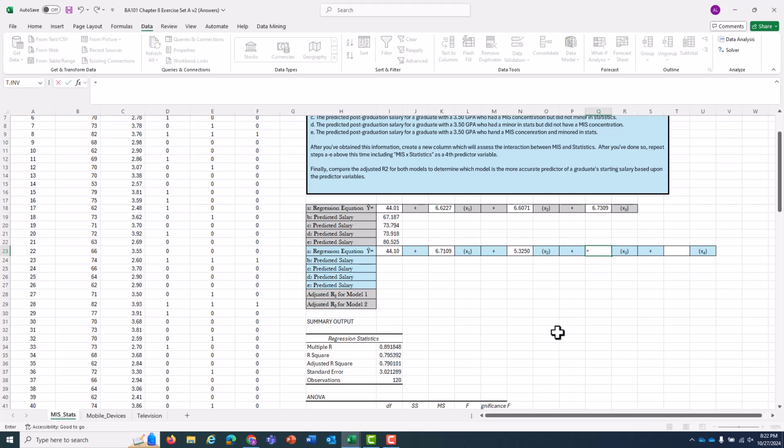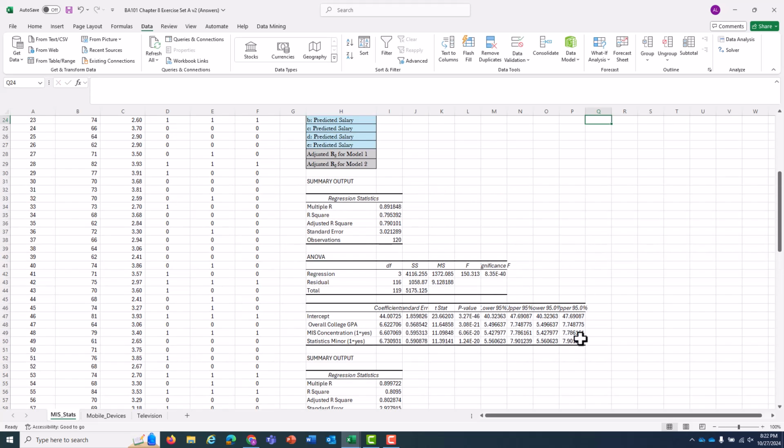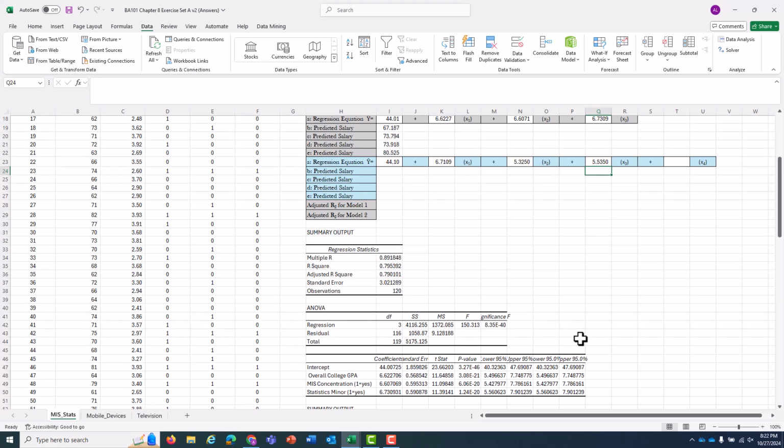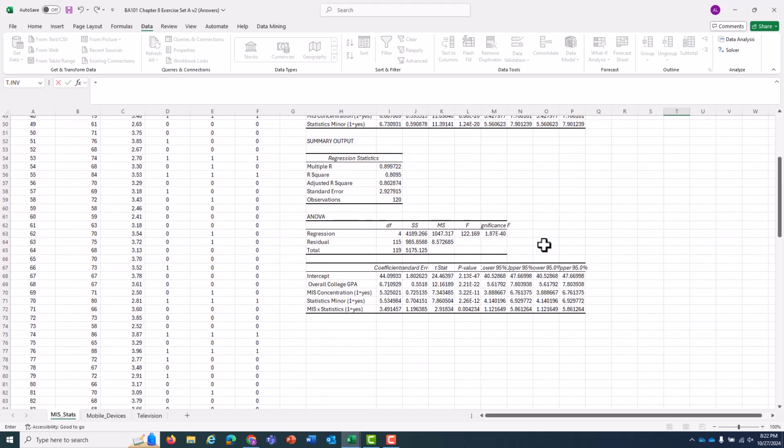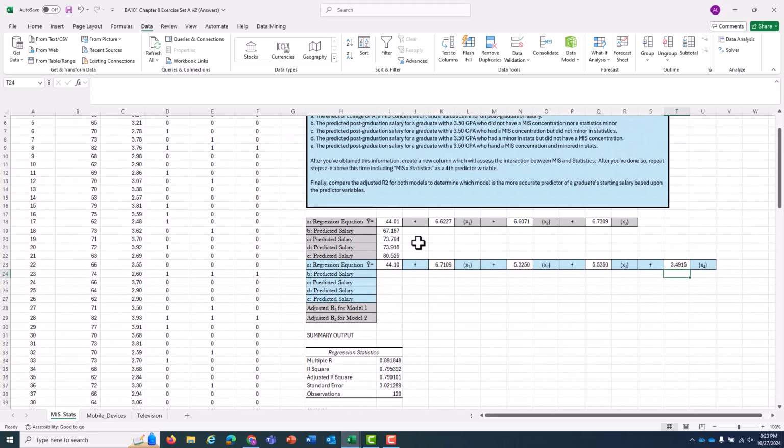For my 3rd coefficient, that's going to be the new coefficient that we have for the stats minor, 5.535. And then lastly, for our interaction variable, which is the MIS times statistics down here, 3.4915, if you will.